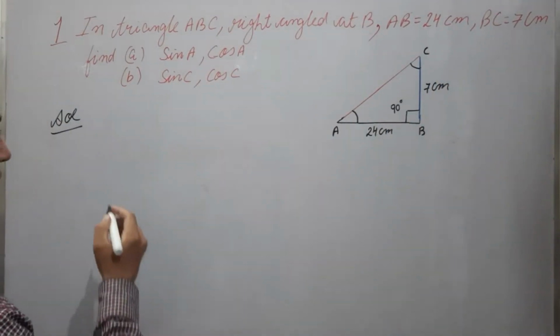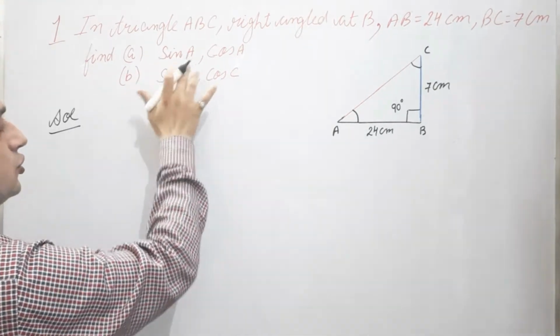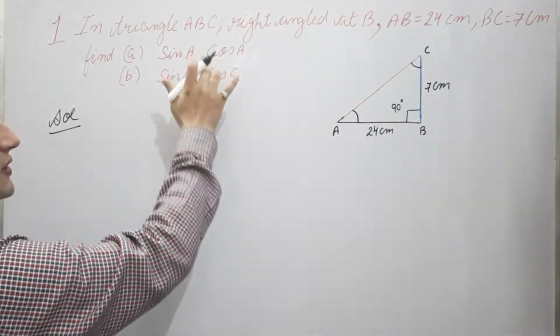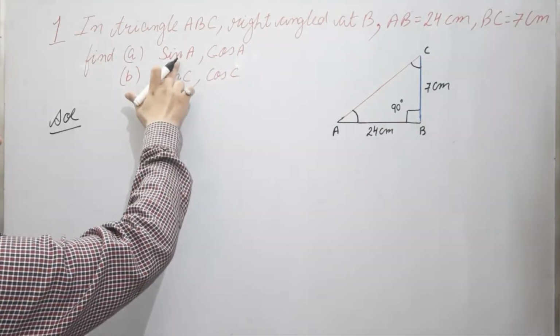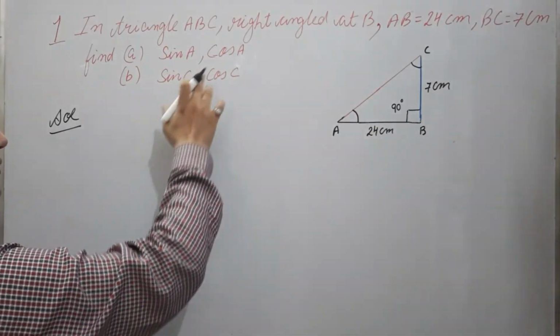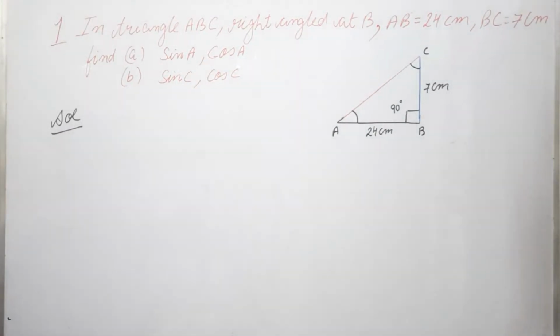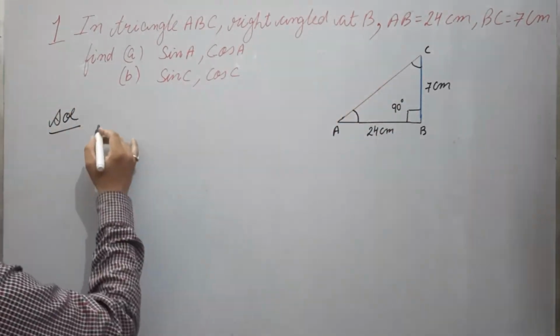You should remember the ratios: for sine we need the perpendicular and the hypotenuse, and for cosine we need the base and the hypotenuse.